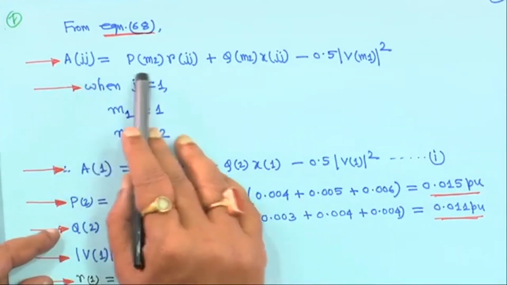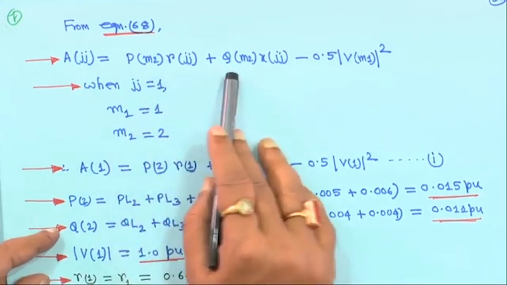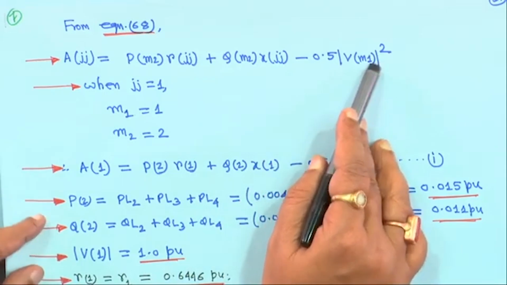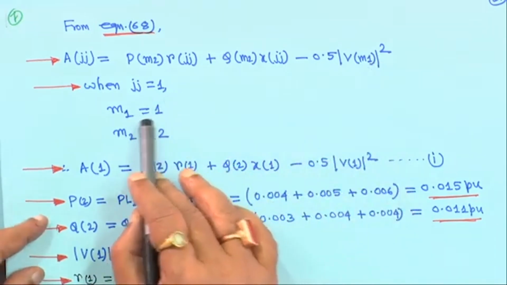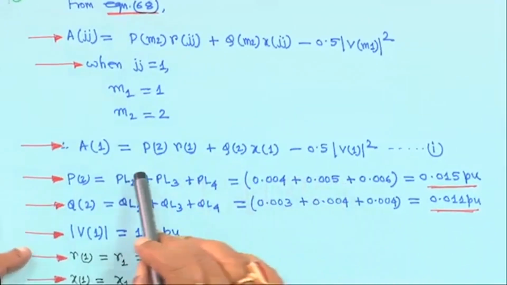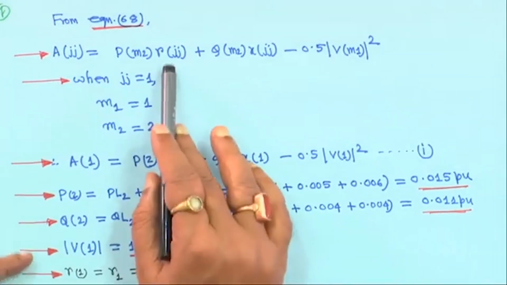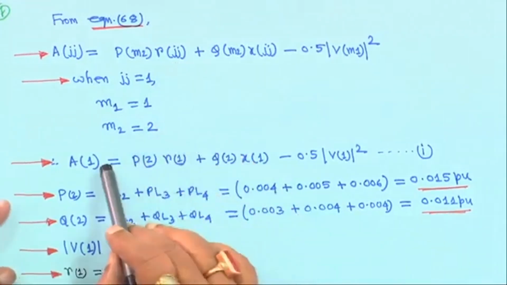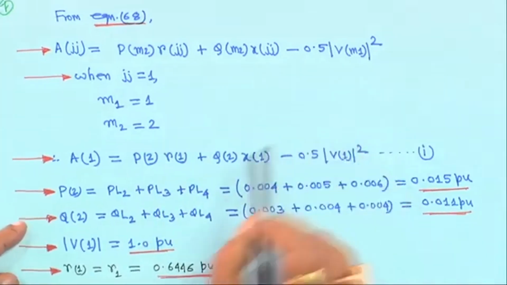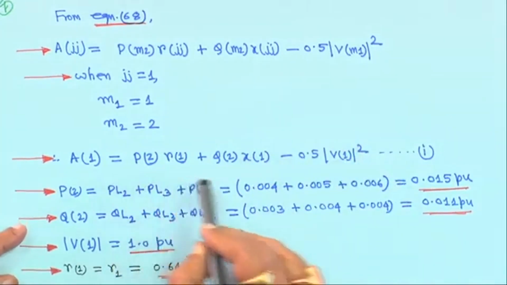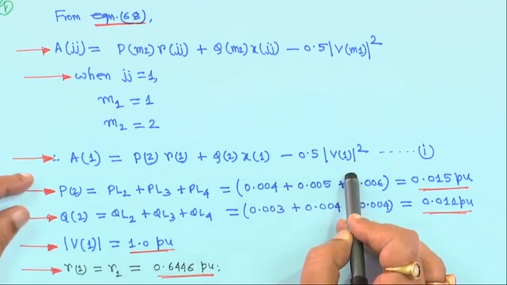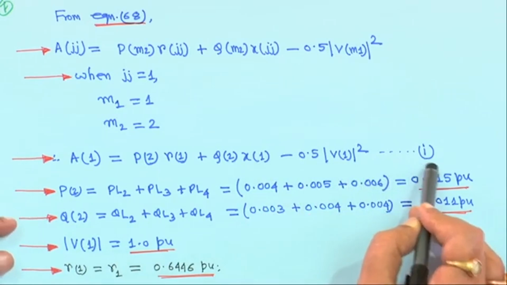We wrote AJJ is equal to PM2 RJJ plus QM2 XJJ minus 0.5 into magnitude VM1 square. When JJ is equal to 1, just now we have given M1 is equal to 1, M2 is equal to 2. That means A1 is equal to P2, here you substitute JJ is equal to 1 and M2 is equal to 2, and M1 is equal to 1. So, A1 is equal to P2 R1 plus Q2 X1 minus 0.5 magnitude V1 square. This is numerical equation 1.